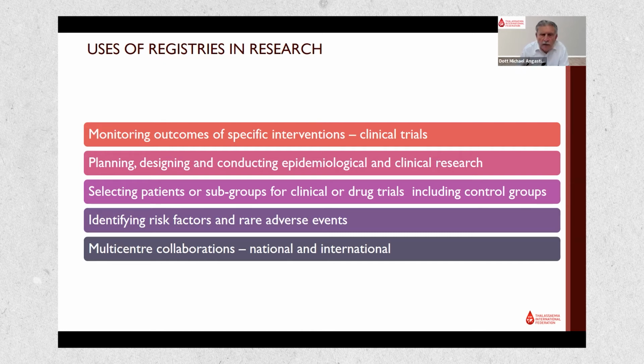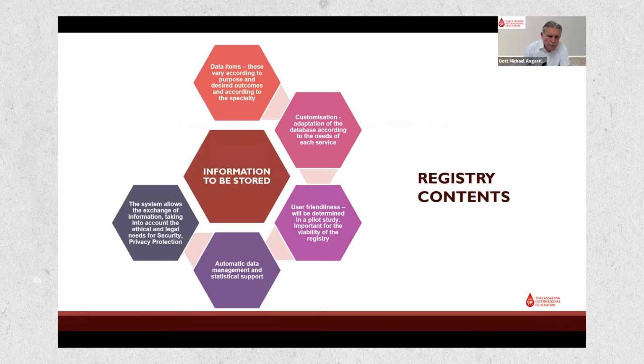So, in addition to everything else, a registry will help research. It will help clinical trials. It will help clinical research. And all these factors have to be considered. And therefore, a center which has a proper registry is much more able to enter and be effective in research.